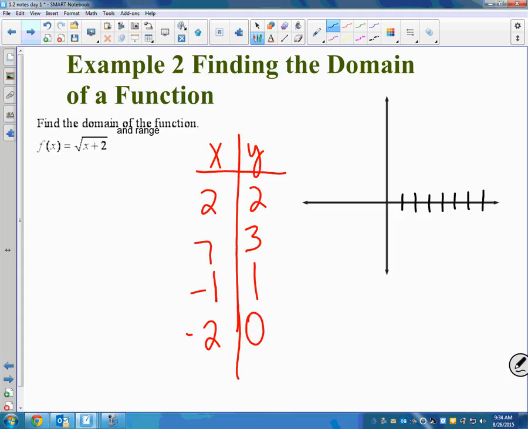I'm going to make 7 since I have 7 on my chart here. So 2, 2, 7, 3, -1, 1, -2, 0.